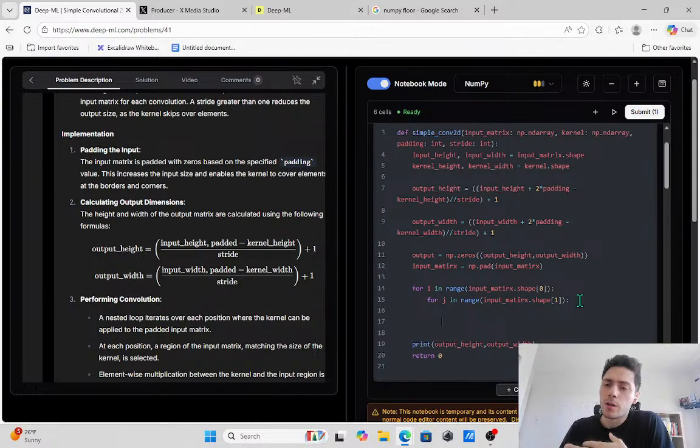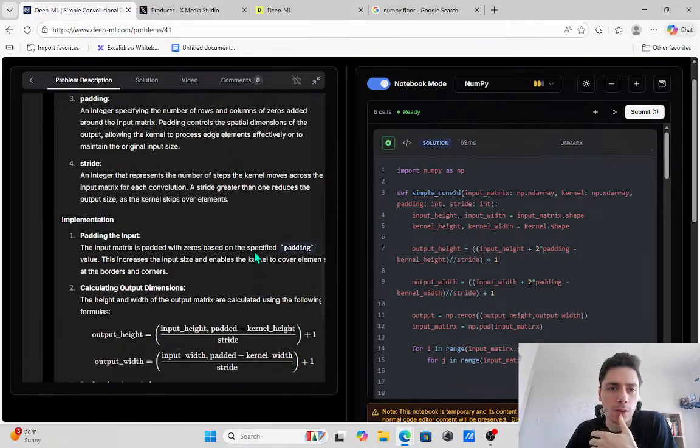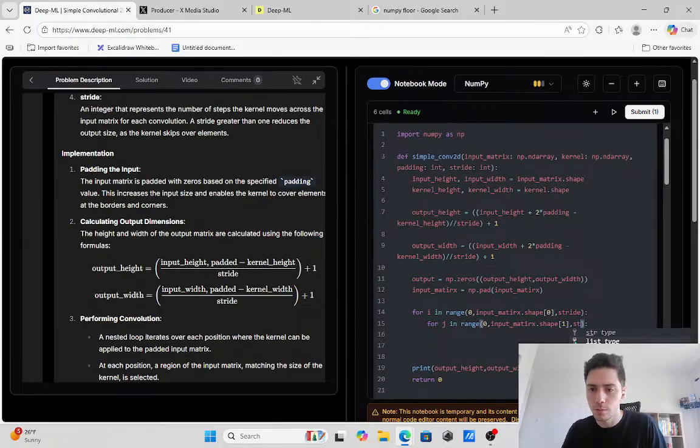I guess we would want it in both. What is a stride? Stride is an integer. I'm assuming it's, okay, it's a square thing. So we can go 0 till there, 0 till there by stride. By stride. Okay.